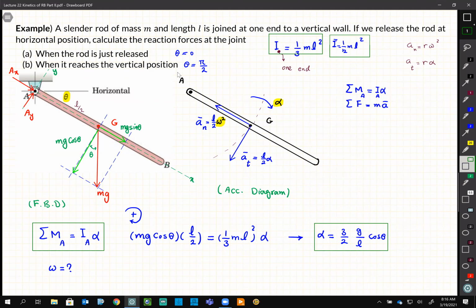What about alpha? I'm going to write it down here at theta equal to 0. So what happened? We release it, right? Omega, we know intuitively, is 0. What about alpha?